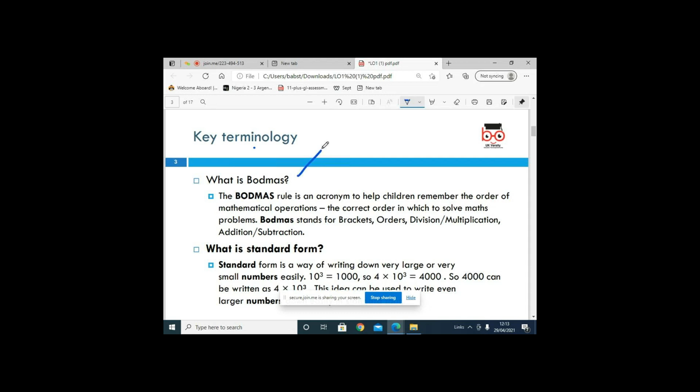So in some cases, it could be what? It could be big maths. This stands for indices. Is any of you familiar with indices operations?